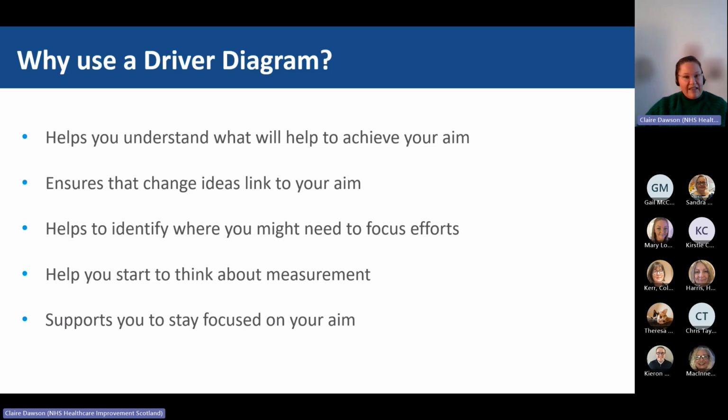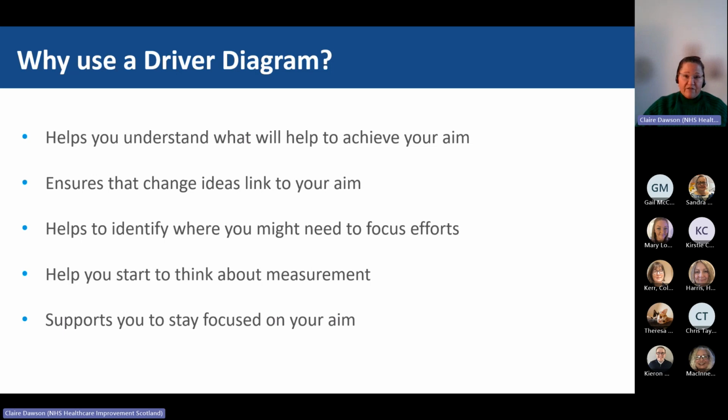It's about keeping things small and keeping them manageable, and staying within the confines of your aim, and being able to use your driver diagram to define the parameters of that aim, and what you will and won't do, and also what you can and can't do.